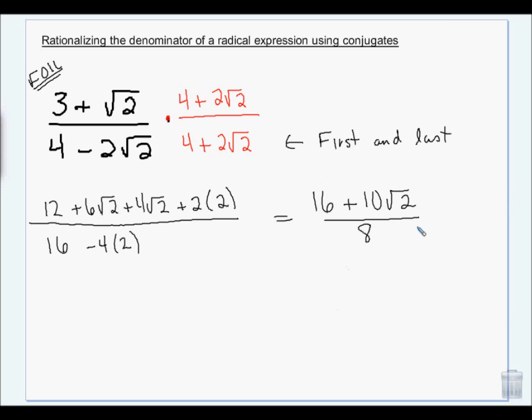In order to reduce these, this number, and this number, so all 3 have to be able to reduce by the same thing. And in this case, 2. So that becomes 8, that becomes 5, and that becomes 4. And even though these would reduce, these don't, so I'm done.